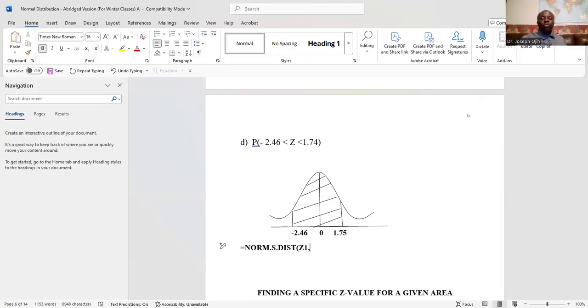I would say use the absolute values, the bigger one minus the smaller one. Z1, comma, true, minus NORM.S.DIST, Z2, true.